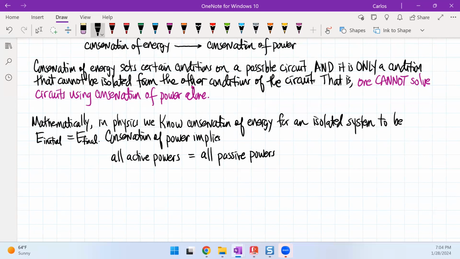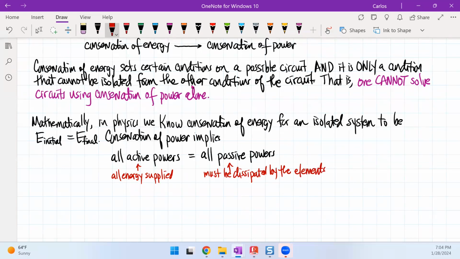Why is this tricky? The reason why it's tricky here is that all energy supplied must be dissipated by the elements.